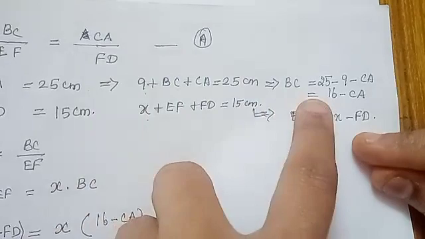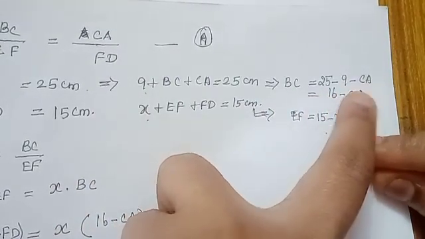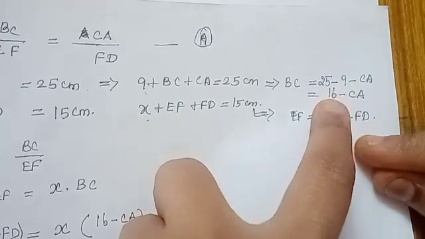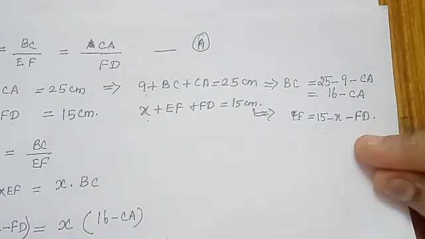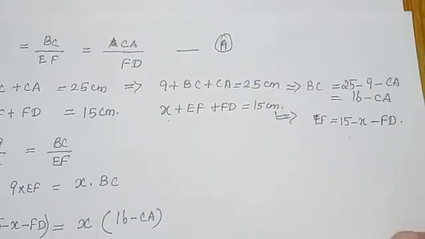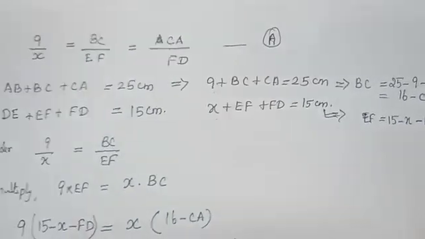So BC is equal to 25 minus 9 minus CA. 25 minus 9 is nothing but 16, so 16 minus CA.